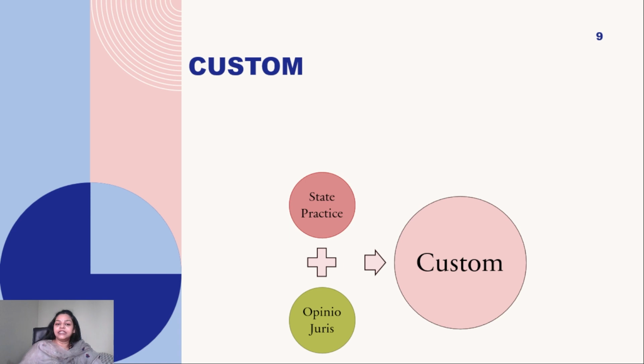That means that to prove that B is under an obligation to give asylum, just to show evidence that B used to practice giving asylum is not enough, but it must be shown that opinio juris was there. Opinio juris was there, that would mean that B was practicing giving asylum because B thought that giving asylum has the force of law, or it is accepted as law.